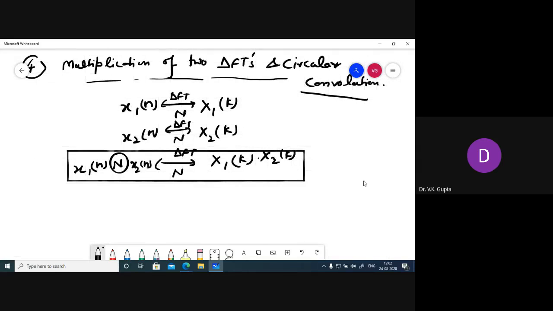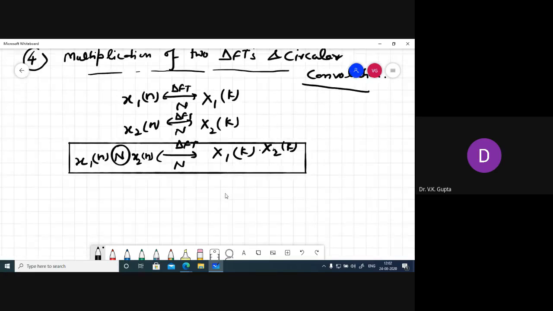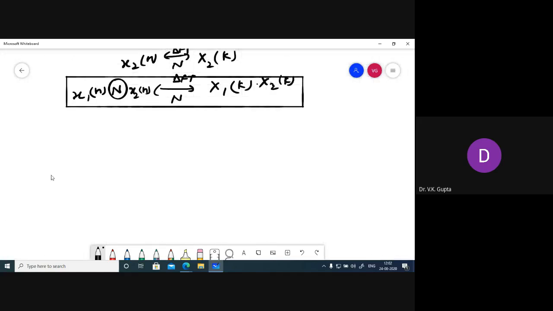This means multiplication in the frequency domain is equivalent to circular convolution of sequences in the time domain, or circular convolution of two sequences in the time domain is equivalent to multiplication of their DFTs. Here we have this notation, N-point circular convolution.